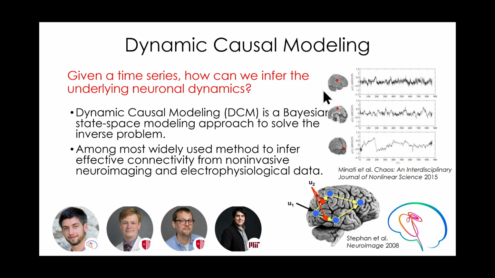So for instance, here on the right we see some voxel-based activity out of 3 regions in the brain, right? And typically, an easy thing to do is to calculate the functional connectivity between them, which is just taking correlations between pairs of these, and then seeing how well correlated or anti-correlated these regions are. But that's a purely statistical measure.